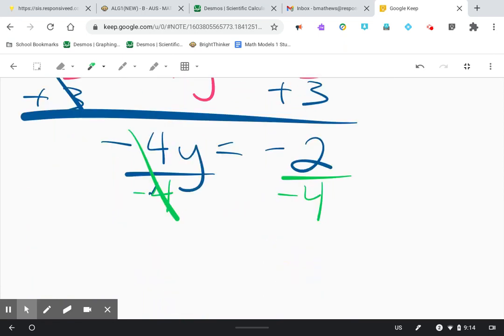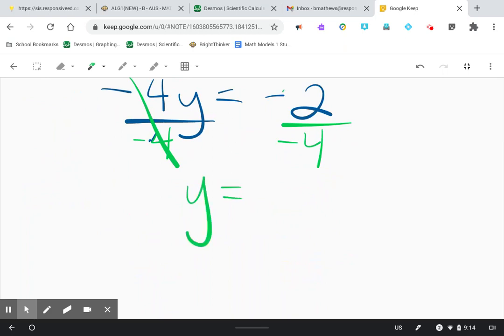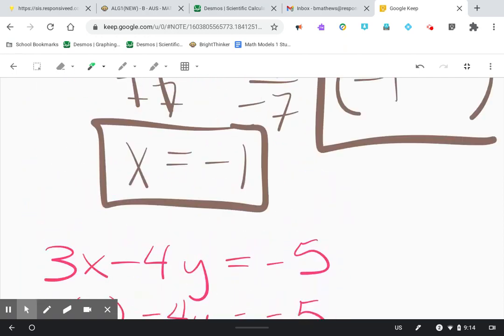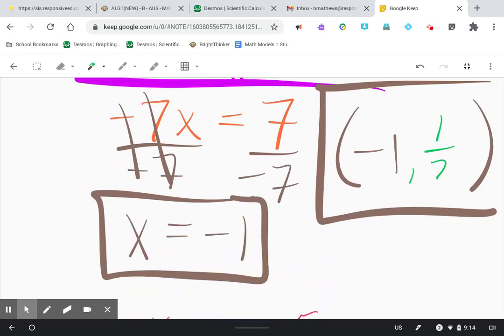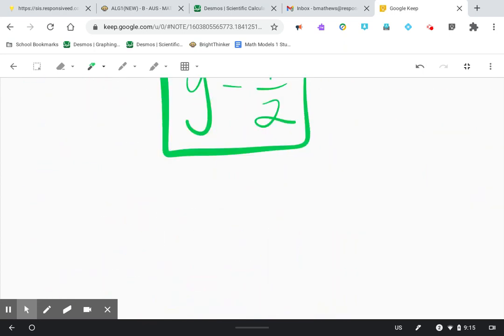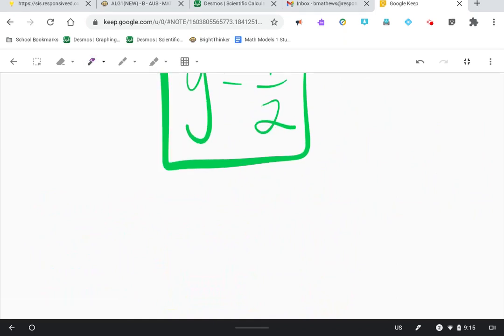And y equals, that's going to cancel, leaving me with 1/2. If you're not sure about that, do negative 2 divided by negative 4 in the calculator, and you should get 1/2, which is the other half of my solution. Again, another example. I'm just going to do one more, and then hopefully that'll be enough to get you through the lesson.